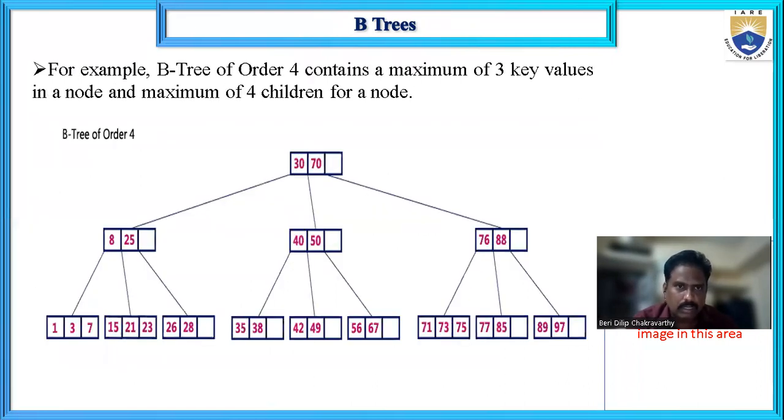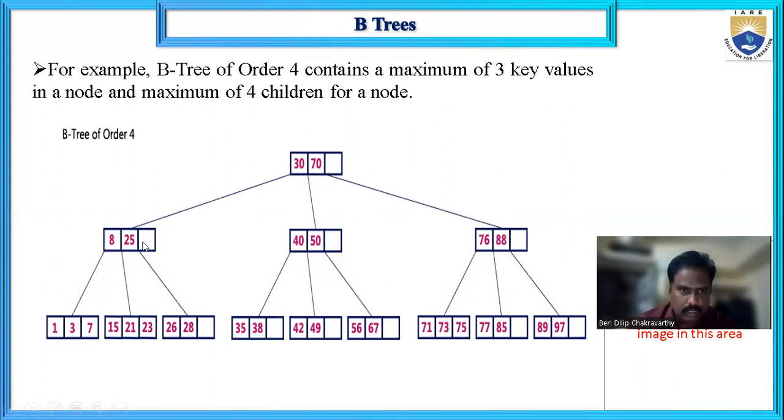So observe this B-Tree of order 4. Order 4 means a maximum of three key values in a node and a maximum of four children. Observe here, I have taken a tree whose root node is 30 70.